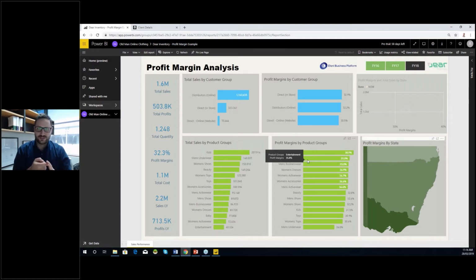Service businesses, timesheets. Product businesses, profit margins. Salespeople with profit margins. Who's actually selling things at a better margin in different states or to different types of customers? The insight, because you've got the underlying data source, is so powerful.